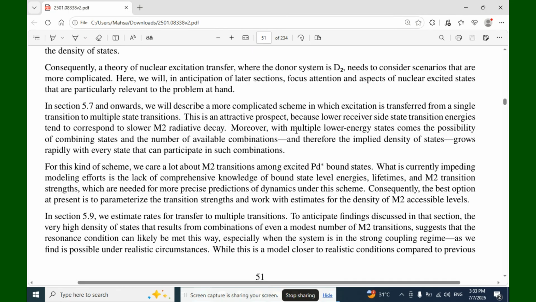This is an attractive prospect because lower-energy state transitions tend to correspond to slower radiative decay. Moreover, with multiple lower-energy states comes the possibility of combining states, and therefore the implied density of states grows rapidly with every state that can participate in such combinations.